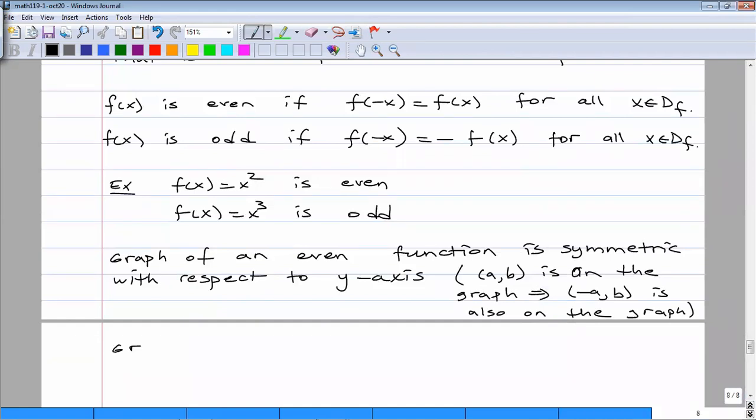A graph of an odd function: you can keep in mind for an even function, you can consider the graph of x squared. For an odd function, you can consider the graph of x cubed. The graph of an odd function is symmetric with respect to the origin.